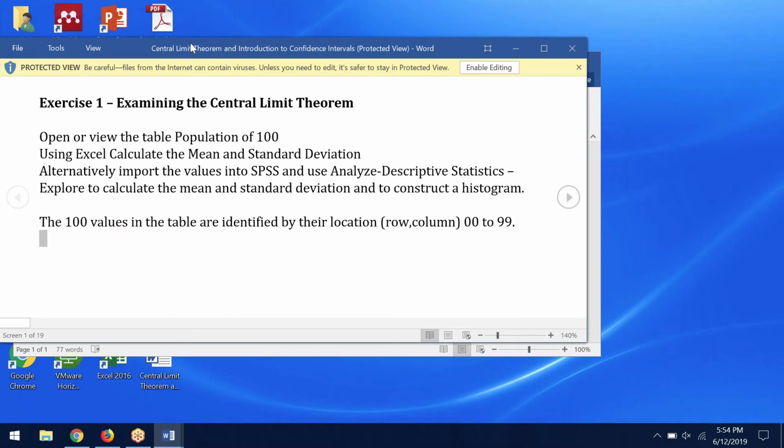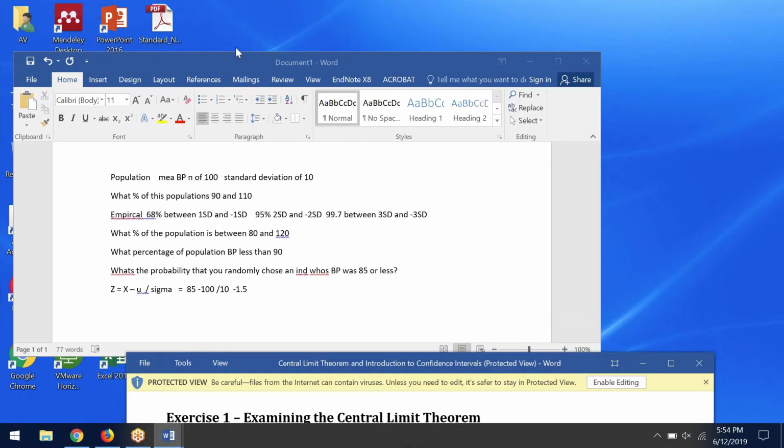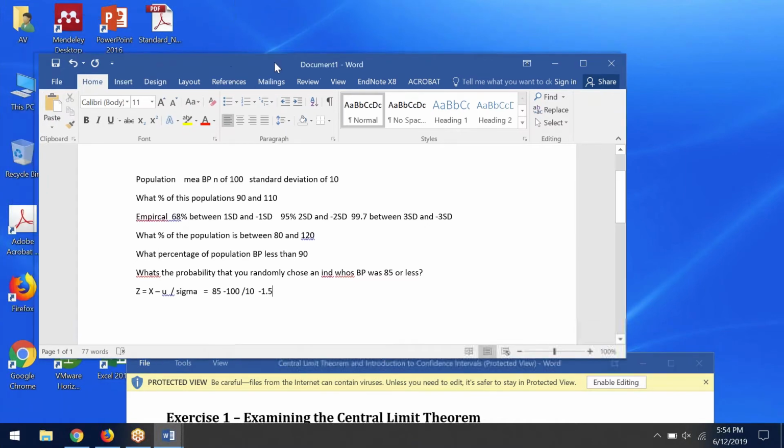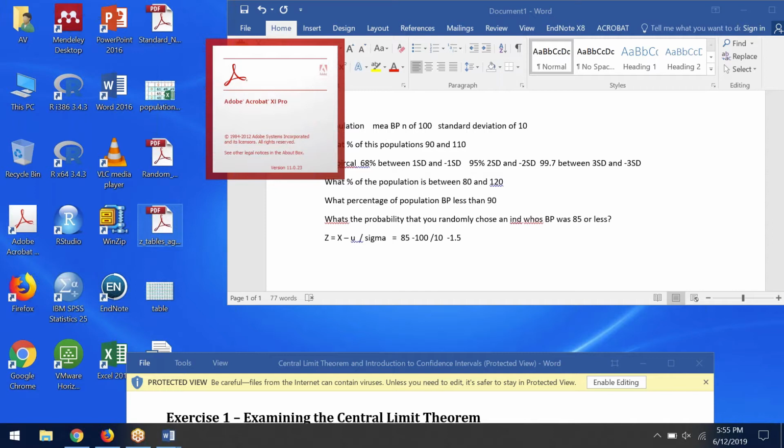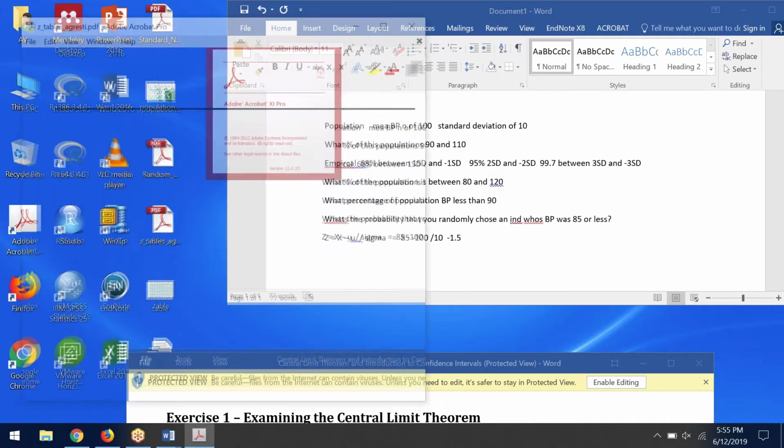So at this stage, I would need a way to tell what percentage of the population is below that level, or what the probability would be that I would randomly choose someone in that area of the distribution. And we have a table for that. This represents a standard normal distribution. It's based on a distribution that has a mean of 0 and a standard deviation of 1.